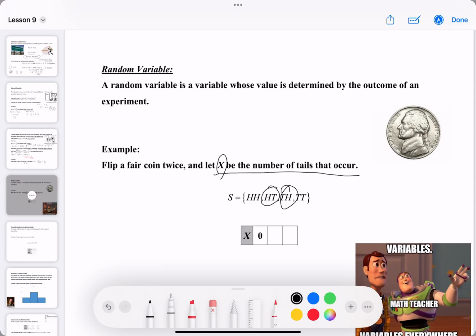So you see, these 2 outcomes have only 1 tail. So the number of tails that occur is 1. And the last one, the tails happen twice. That means the number of tails that occur is 2. So the random variable X is 0, 1, and 2.